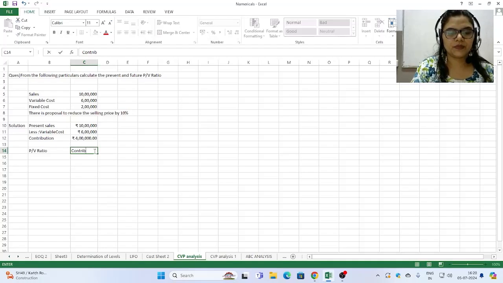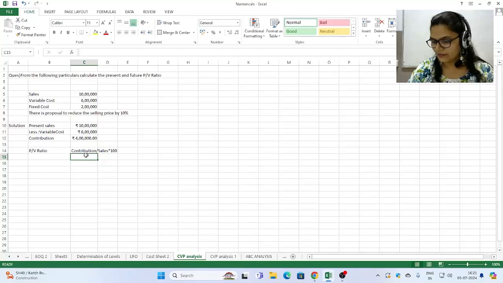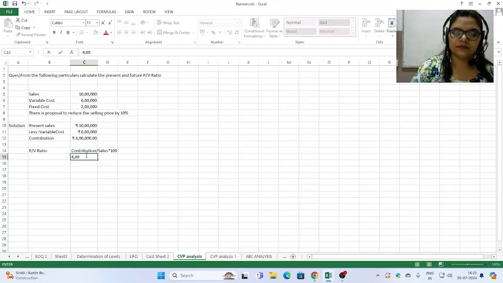Contribution upon sales multiplied by 100. Contribution we have calculated, it is 4 lakh divided by sales, we know it's 10 lakh.